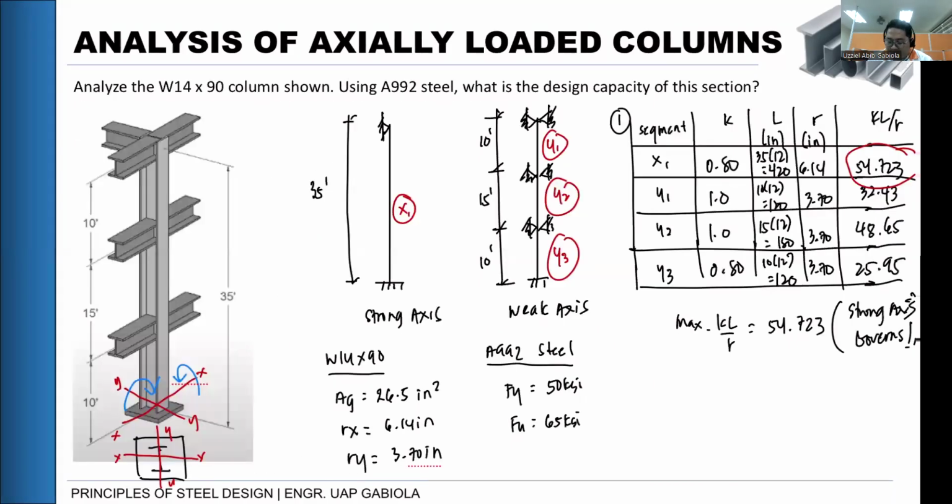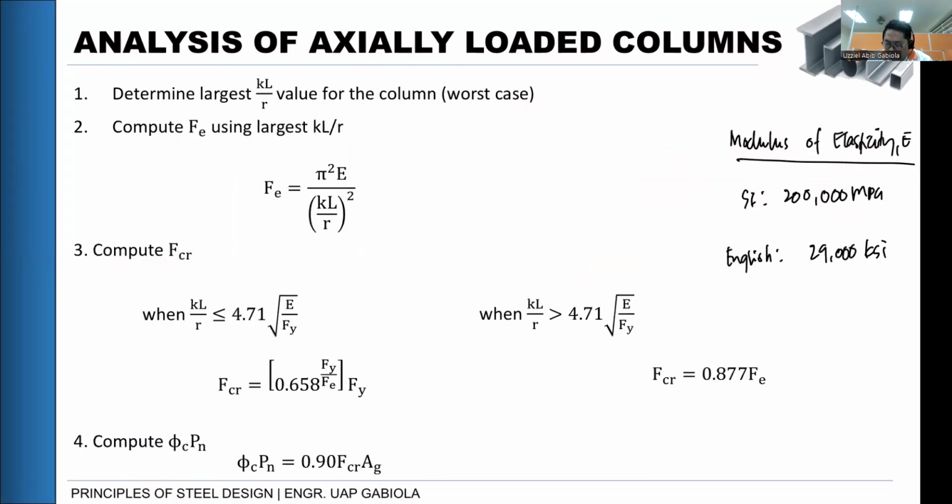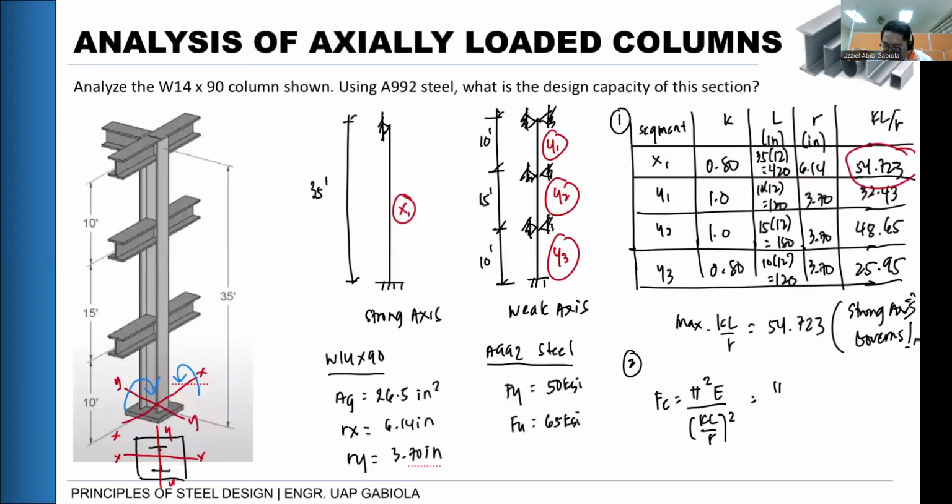Second step is to calculate for our Fe, and that is just substitution. Pi squared E over KL over R squared. Okay? So we have pi squared times 29,000 KSI all over KL over R, which is 54.723 squared.